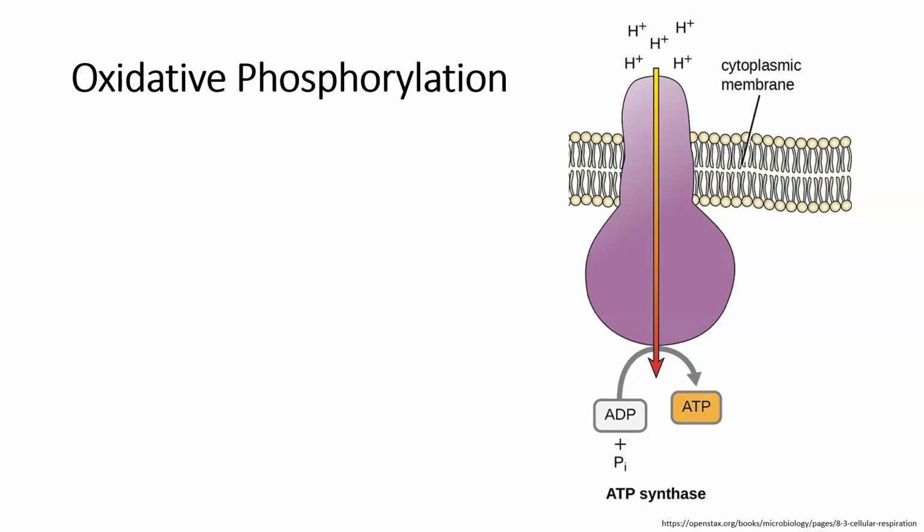As the hydrogen ions diffuse down their gradient through this channel, it powers the molecular machinery that creates the high-energy phosphate bonds. This is oxidative phosphorylation. So the energy that is stored within the hydrogen ion gradient is used to phosphorylate ADP.